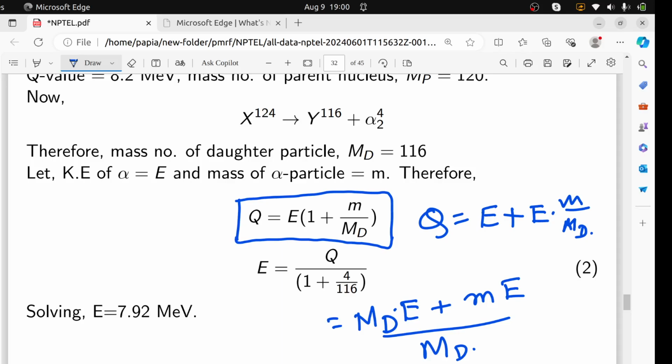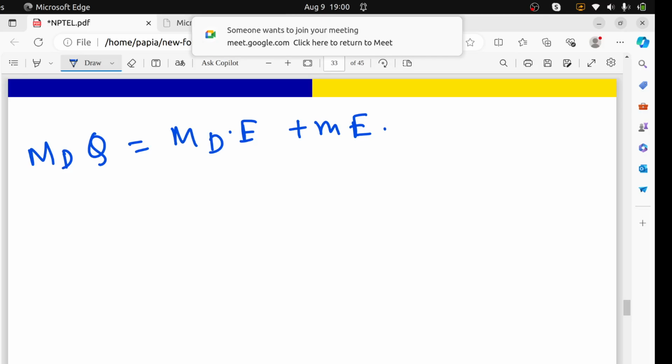So if Q is given as E into (1 plus M by MD), then E can be written as Q divided by (1 plus M by MD). Now what is M and MD?